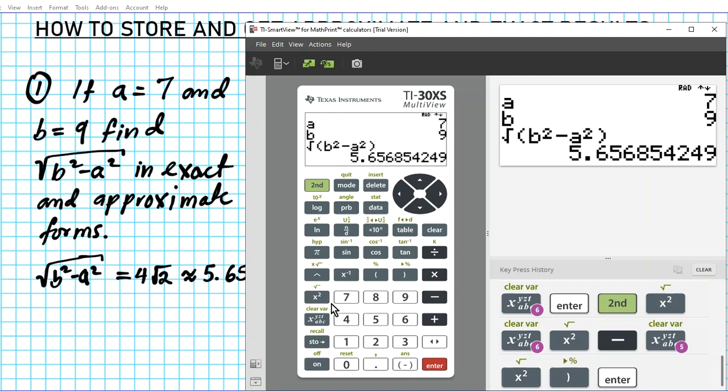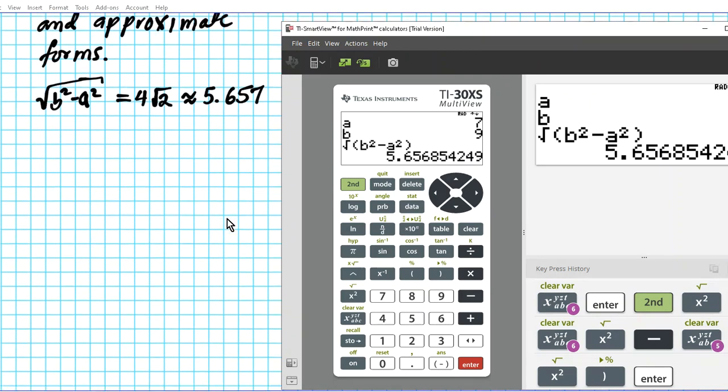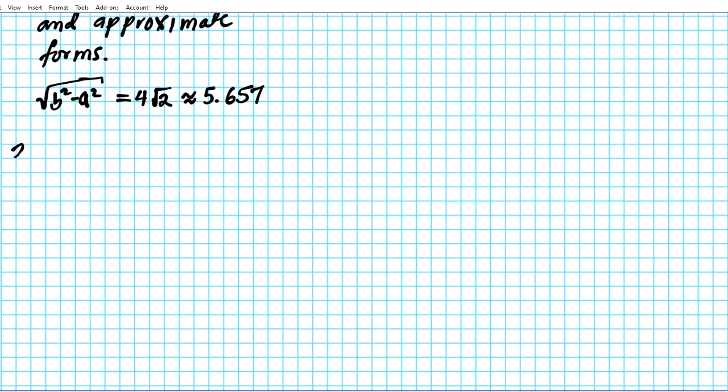Okay, all right, so we're going to give you one problem to try out, and then we're going to go over what the answer is. All right, so question number 2 is a little bit more challenging. So consider this situation. If x is equal to 9 and y is equal to 7, I'd like you to find the value of the expression x squared plus the square root of x squared plus y squared.